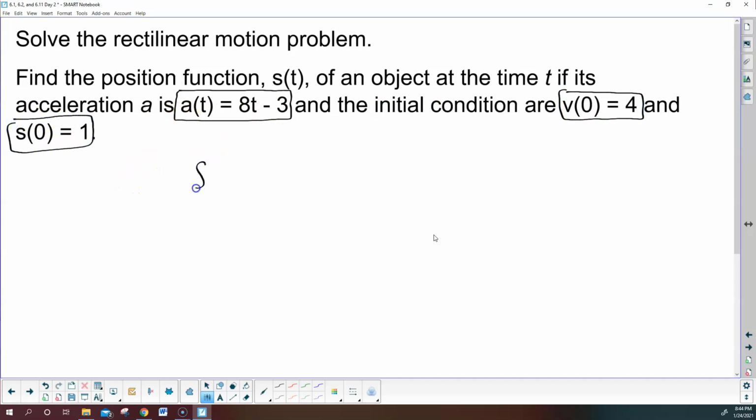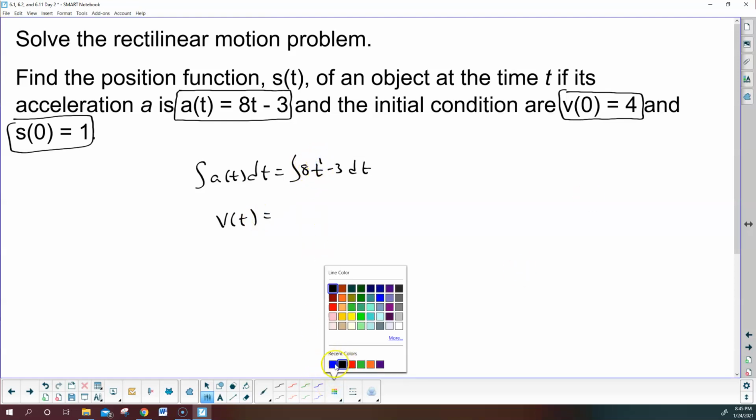So what I need to do is take the antiderivative of this function. You can think of it two ways, and it's with respect to time. When I take the antiderivative of acceleration, what do I get? Velocity. So then I'm just doing the power rule. There's technically a 1 here.